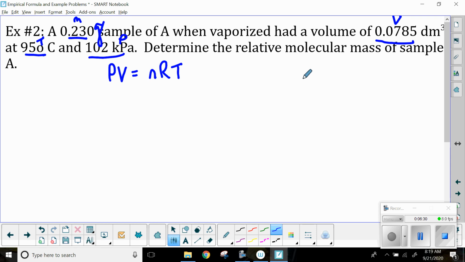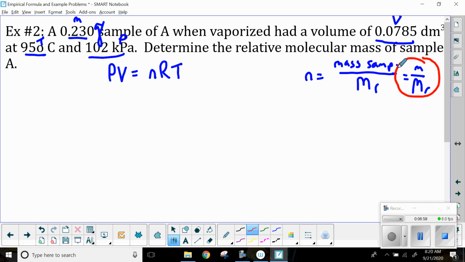I also want to remind myself that the number of moles can be found by taking the mass of the sample and dividing that by the molecular mass, which is capital M subscript r. Otherwise said, little m over big capital Mr. So I'm going to substitute that new expression into PV = nRT. And I'm going to rearrange the equation so that I isolate molecular mass.